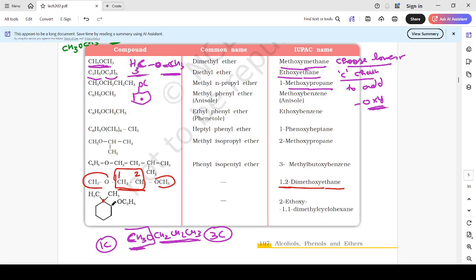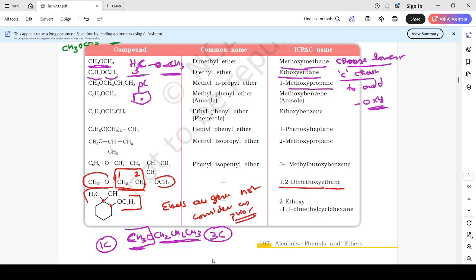The cyclohexane is having 2 substituents. There is a methyl substituent and I am having a functional group here. Right? You should have learned in your 11th standard regarding the functional group priority, ethers are generally not considered as a prior group at all. You don't give a priority at all.